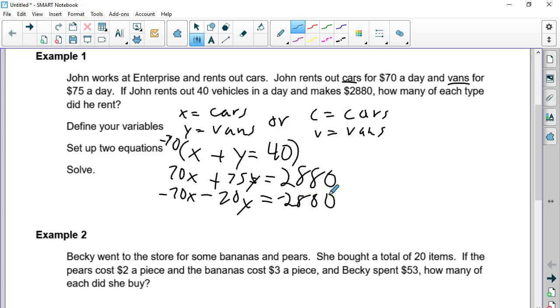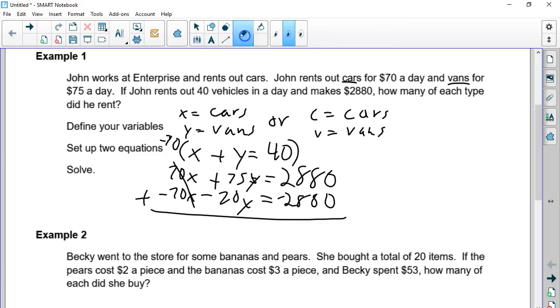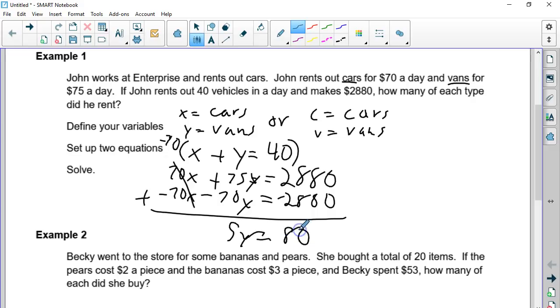And so now you just add the two lines, and the X's cancel. 75 minus 70 gives 5Y. And again, if I would have canceled the Y's, I would have got a negative X, but then I would have got a negative value on the other side, and when I divide by negative, it's still positive. It's not a big deal. Divide by 5, and I get Y equals 80.